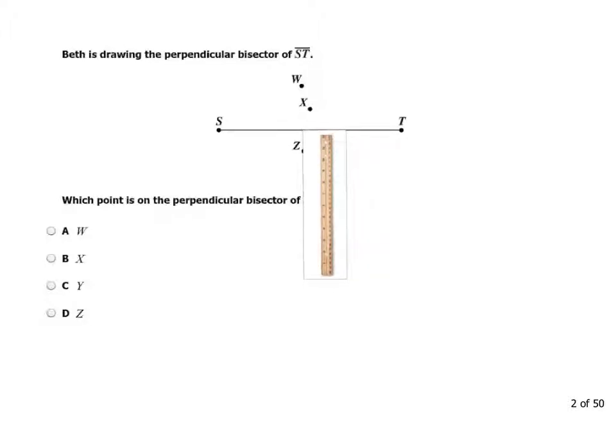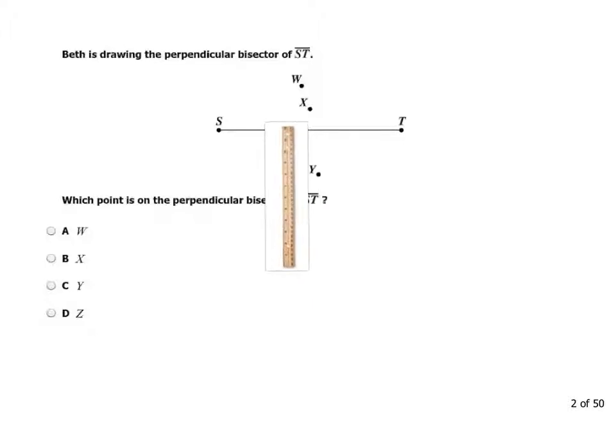Let's take a look at Z. Z and W will be at the same spot, so that definitely is not going to be it. And so it's going to be X. And you could actually measure the line and then split it in half, but the answer to this question is going to be X. Use your ruler on the SOL.